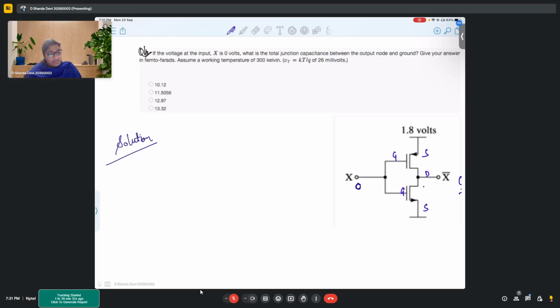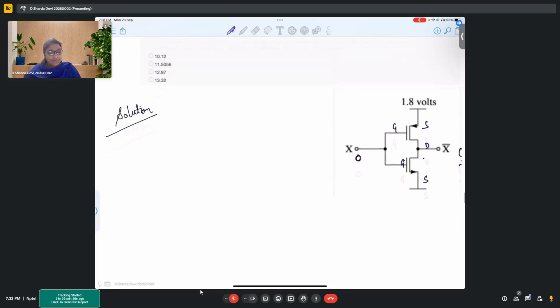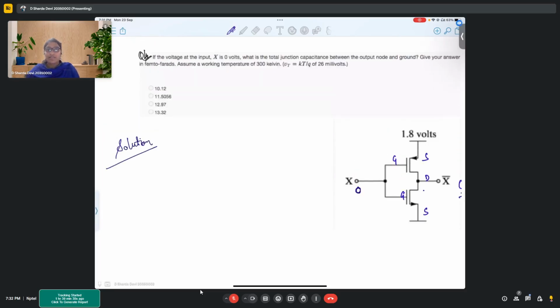Now, as we know, this is an inverter. Whatever you give in input, the opposite will come out in the output. So if you give 0 volts in input, you would get VDD at output, and vice versa is also true. Okay. So here, if you give 0 at input, your output is at 1.8.